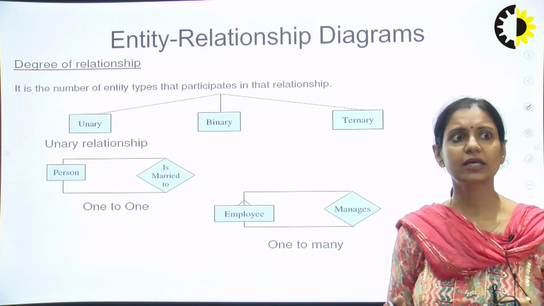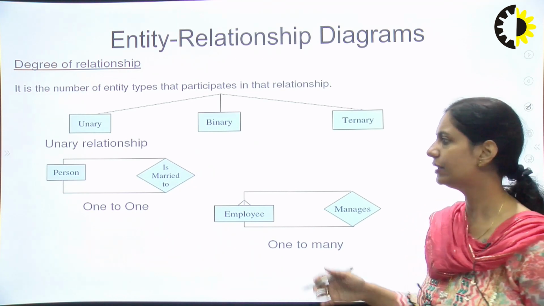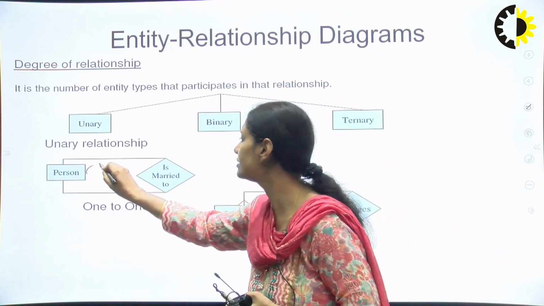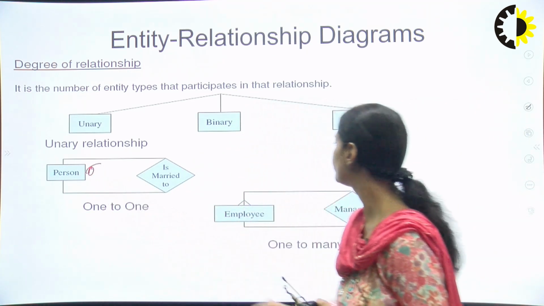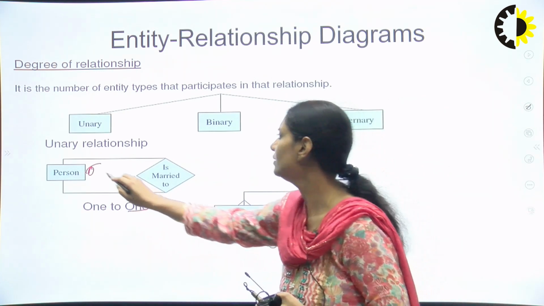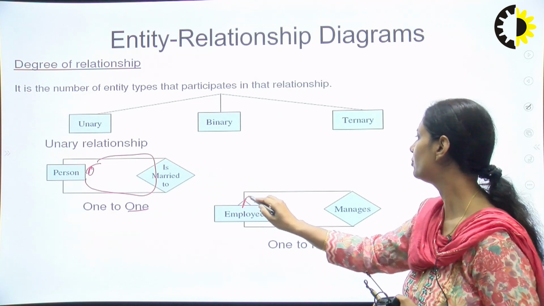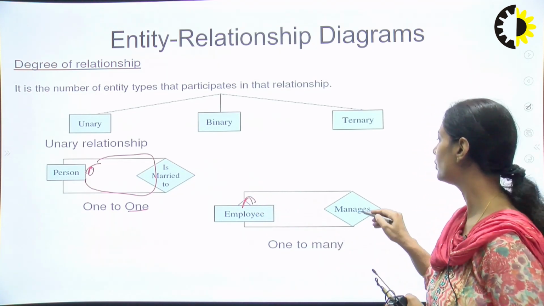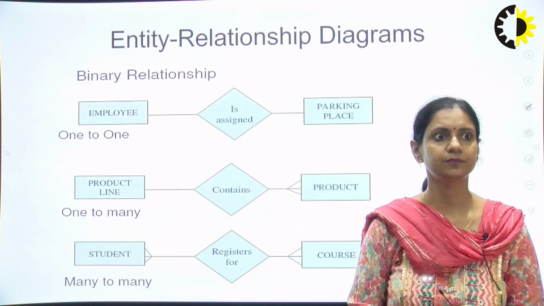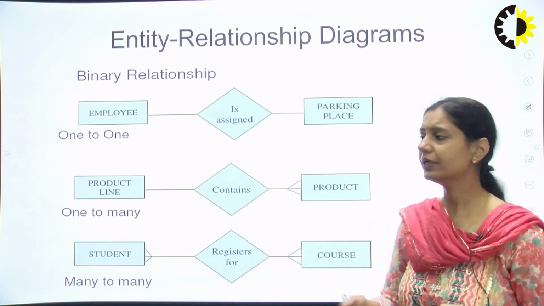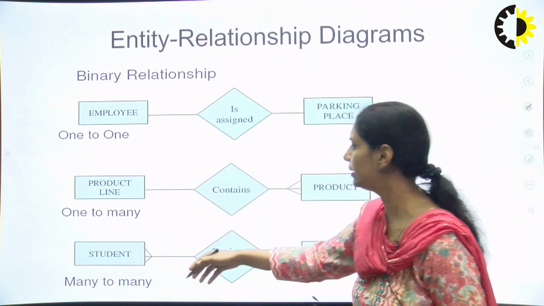We have two types of relationship, unary and binary. Unary is the relationship with only one entity, which could be one-to-one, in only one direction. This is one to many, where we have multiple employees who are being managed together. Binary could be one to one, one to many, many to many.